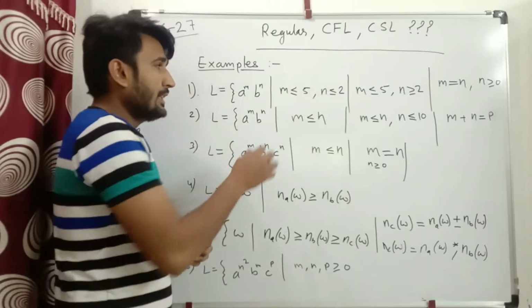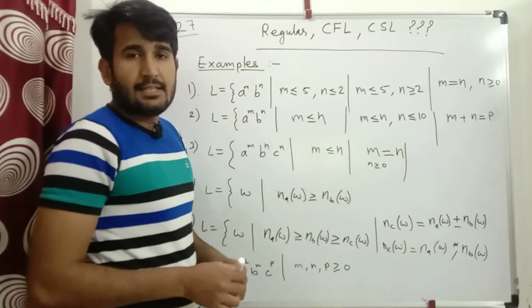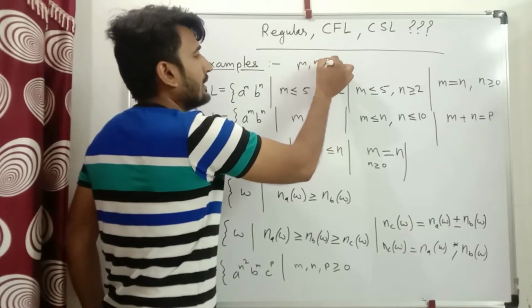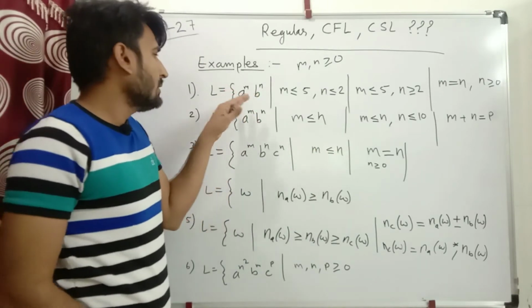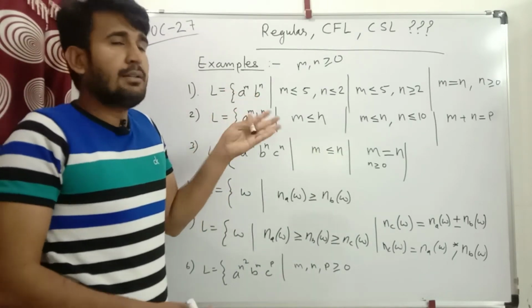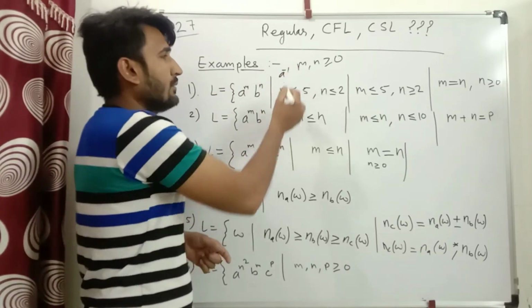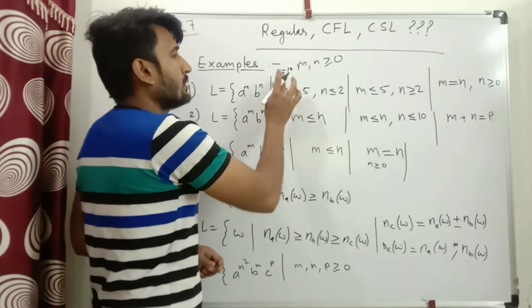And one more thing, the numbers m, n will never be less than 0. M, n are always greater than or equal to 0, because in any string the count can't be a fraction. For example, it can't be a power minus 1 or a power minus 10 like this. It is always greater than or equal to 0.